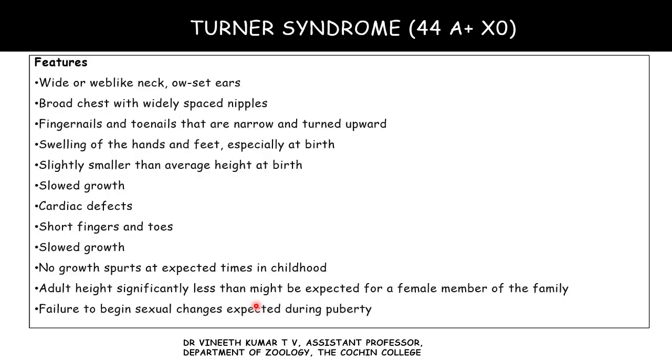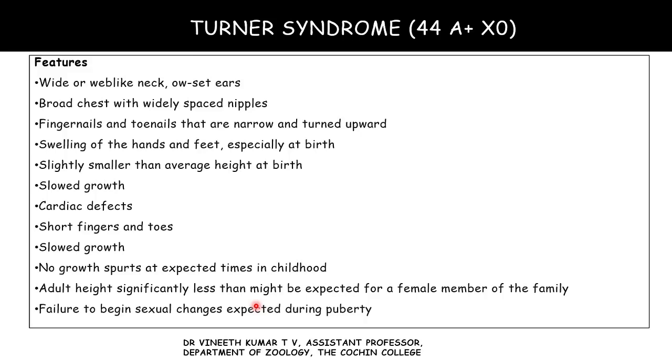The features of Turner syndrome are a wide, web-like neck and low-set ears, then a broad chest with widely spaced nipples, fingernails and toenails that are narrow and turned upward, swelling in the hands and feet, especially at birth, slightly smaller than average height, and slow growth. There may be cardiac defects, short fingers and toes, and no growth spurts at the expected time.